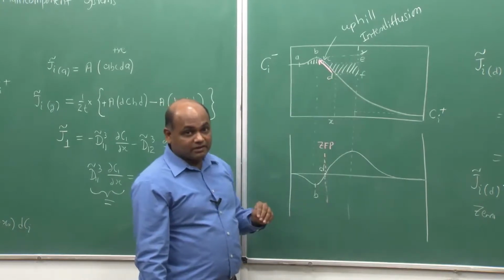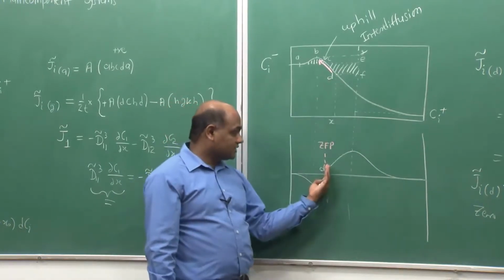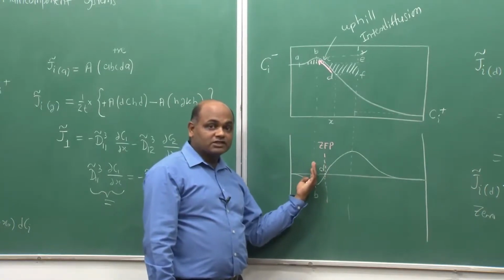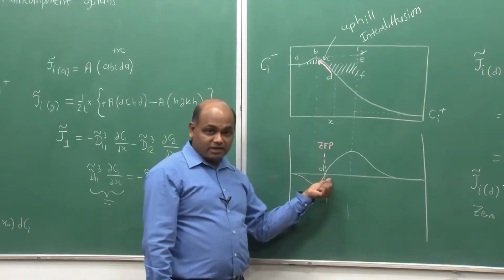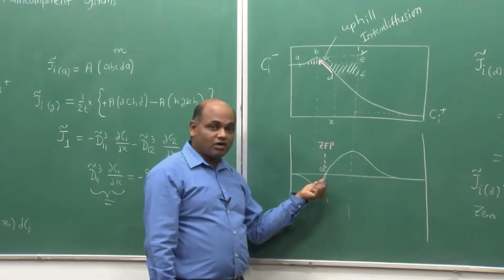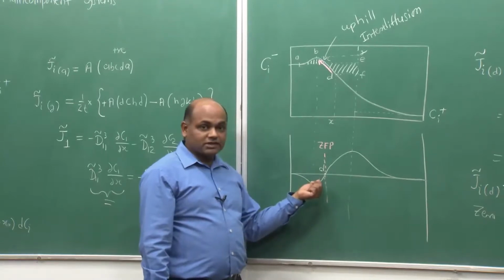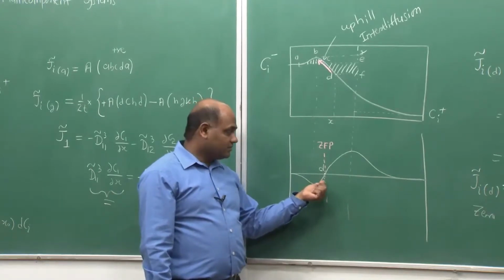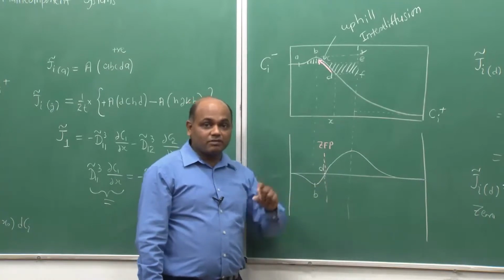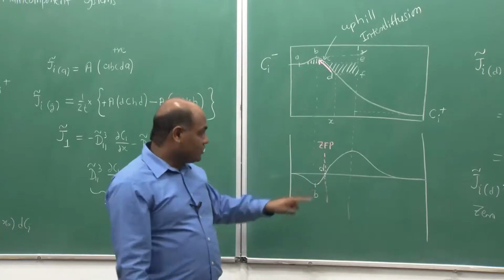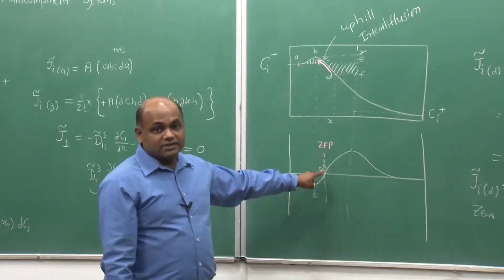And as the zero flux plane composition is moving, we can see in the volume swept by this ZFP there is a continuous reversal of the flux, where initially the flux was negative, after a certain time it will become positive. So, the component is changing direction of diffusion in the volume swept by the ZFP.